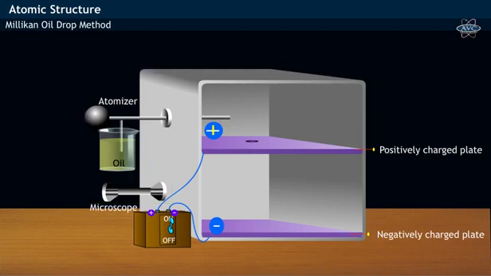In Millikan's experiment, with the help of an atomizer, a fine spray of oil droplets is sprayed into the upper chamber.